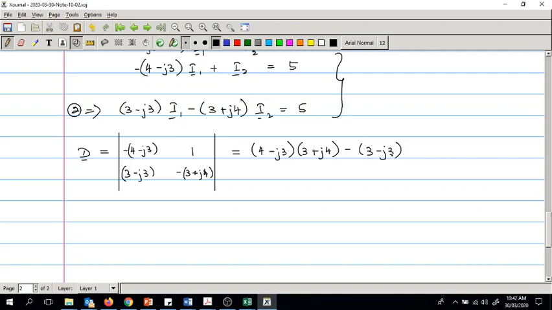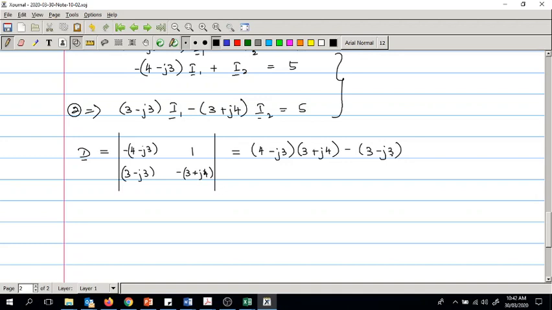Now you can find the answer using the calculator. 4 minus 3i, 3 plus 4i, minus 3 minus 3i, equals.